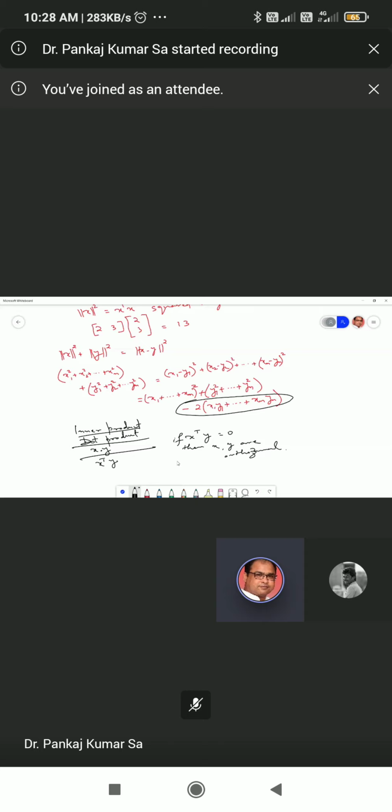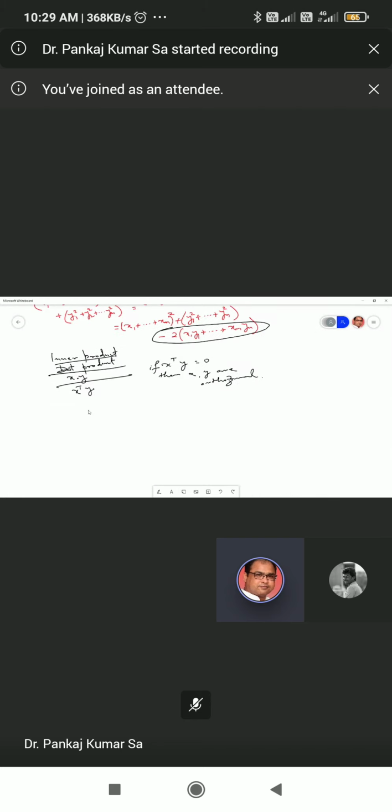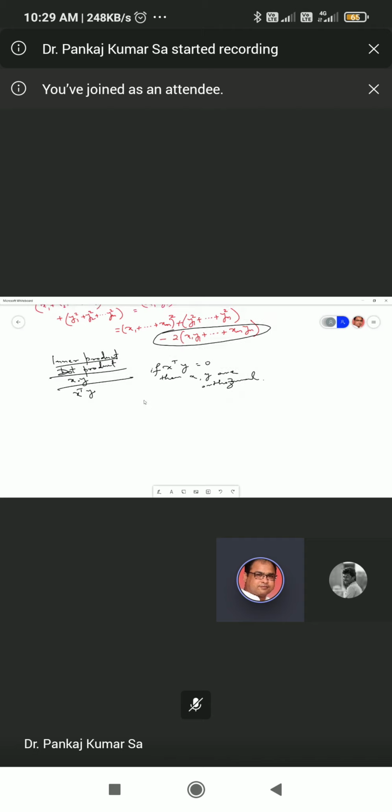Now, if it is equal to 0, is there any possibility that this will be less than 0 also? What is the implication of this?